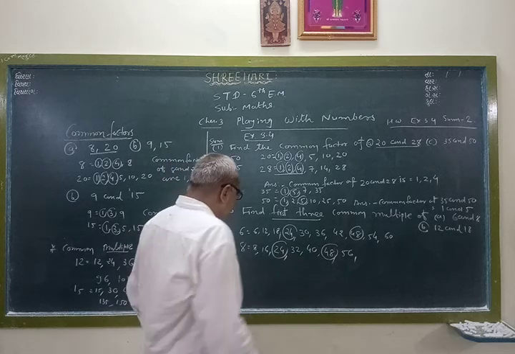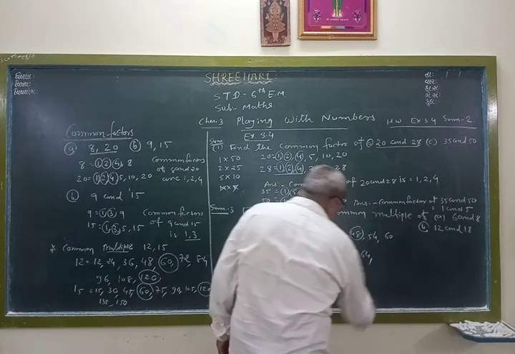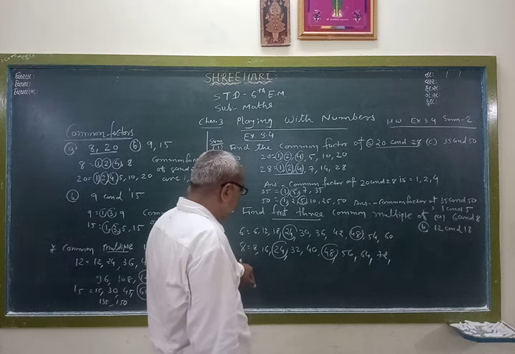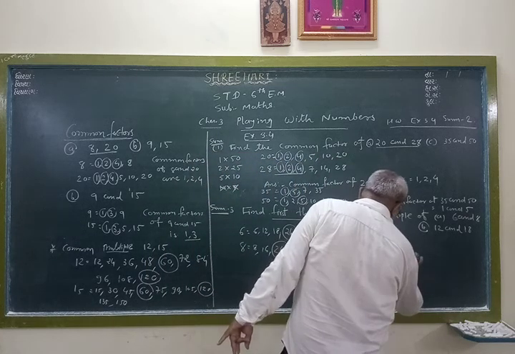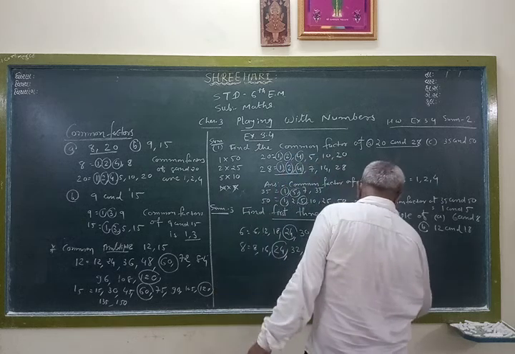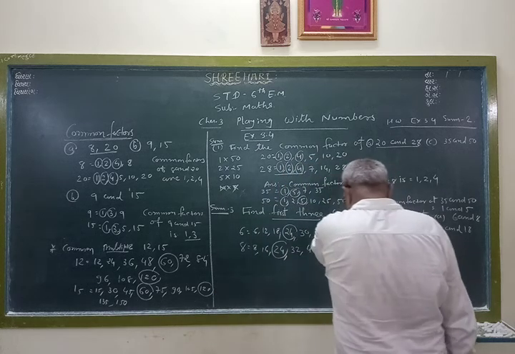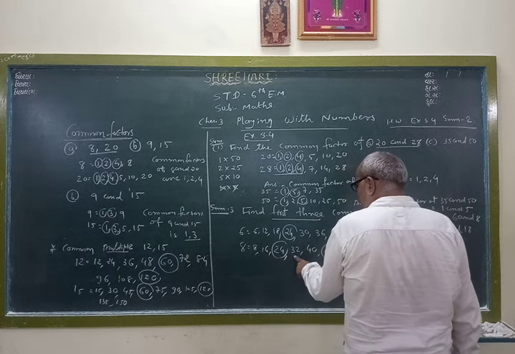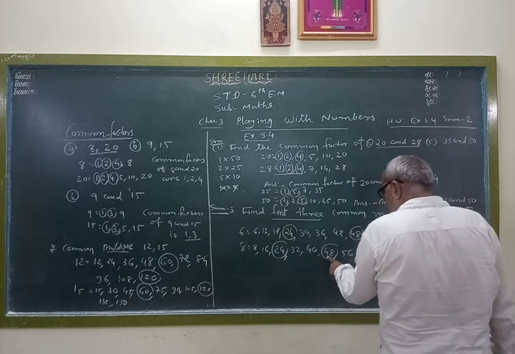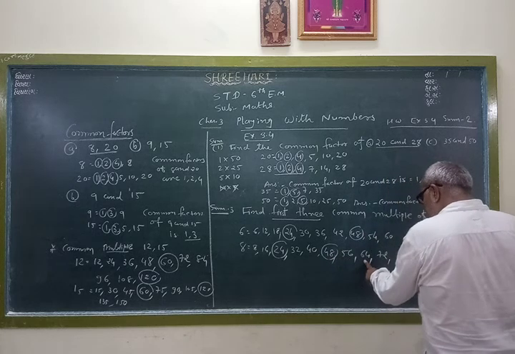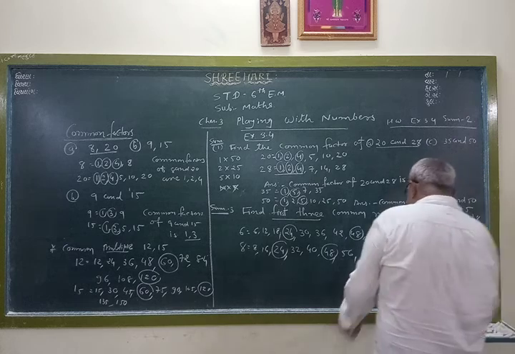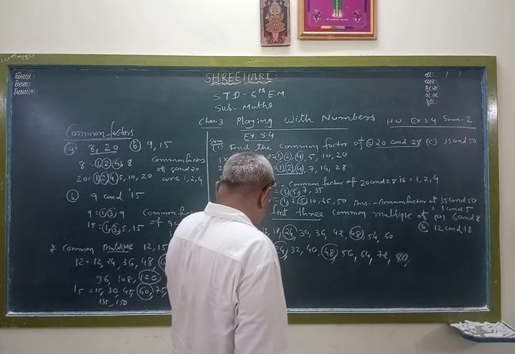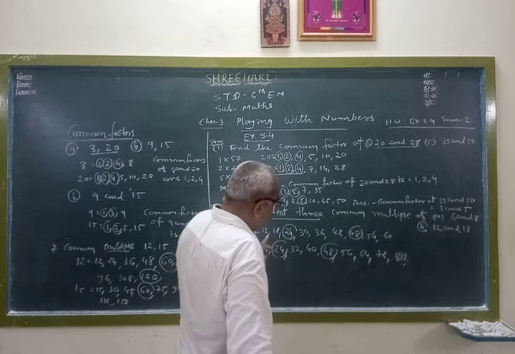So go ahead: 8 7s are 56, 8 8s are 64, 8 9s are 72, and 8 10s are 80. Now we want one more. So here 6 8, we can't get more.